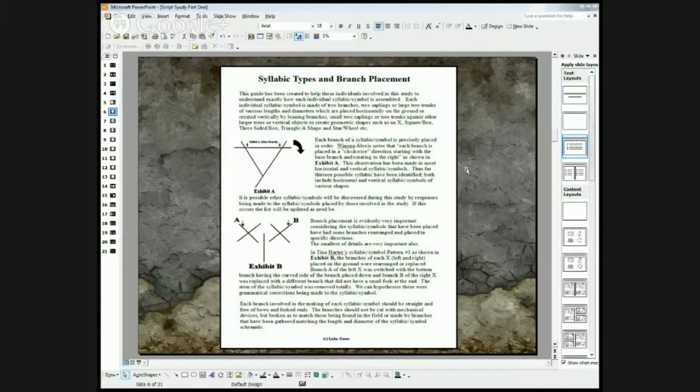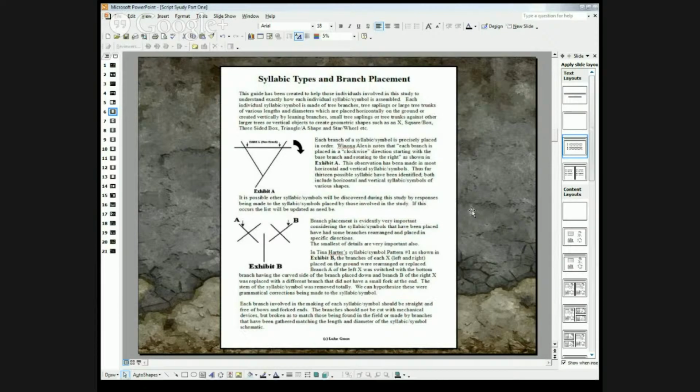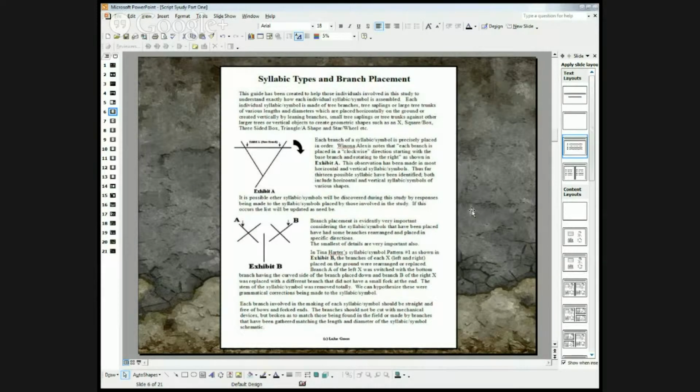Branch A of the left X was switched with the bottom branch, having the curved side of the branch placed down, and branch B of the right X was replaced with a different branch that did not have a small fork at the end. The stem of the syllabic was removed totally.